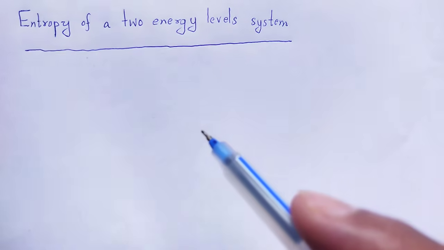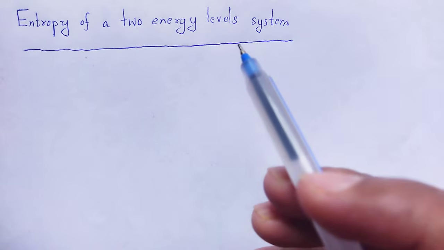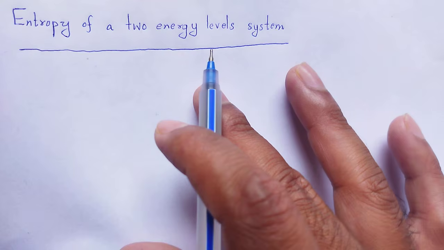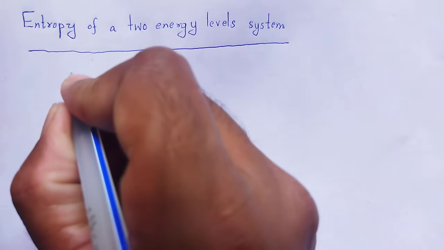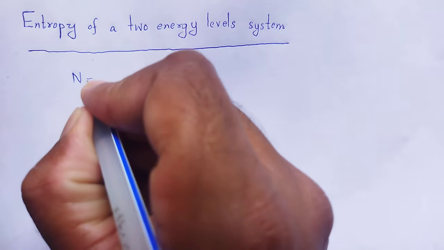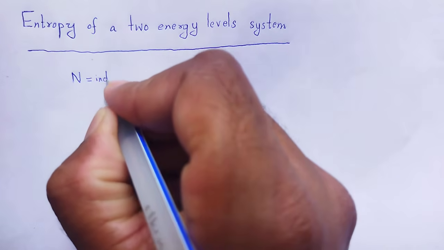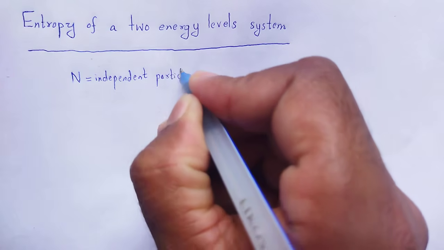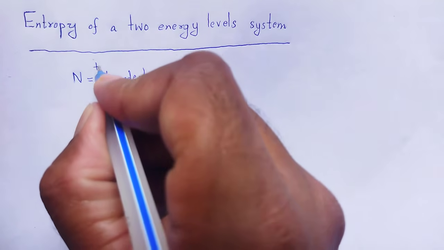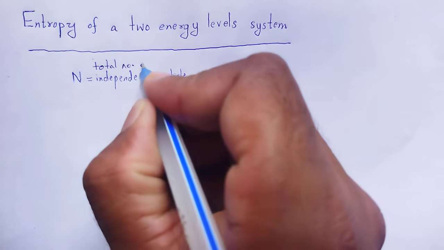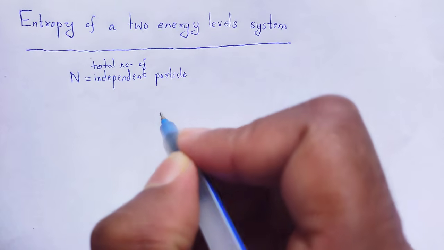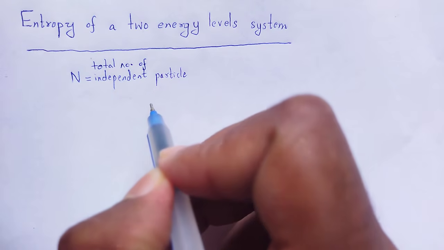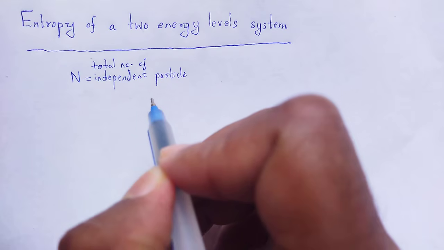To derive the expression for entropy of a two energy level system, we have to consider a system that has a total number of capital N independent particles, and each of these particles has a particular magnetic moment mu.